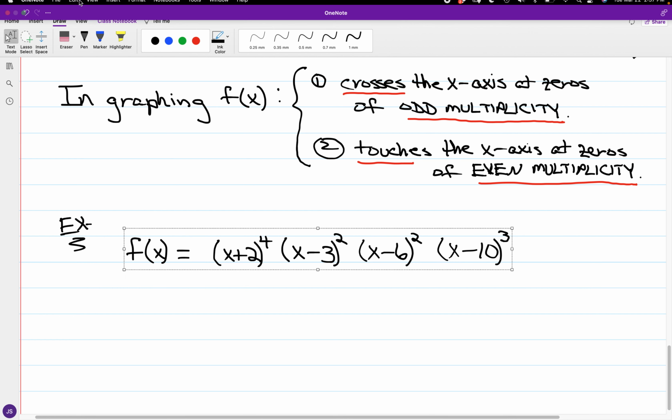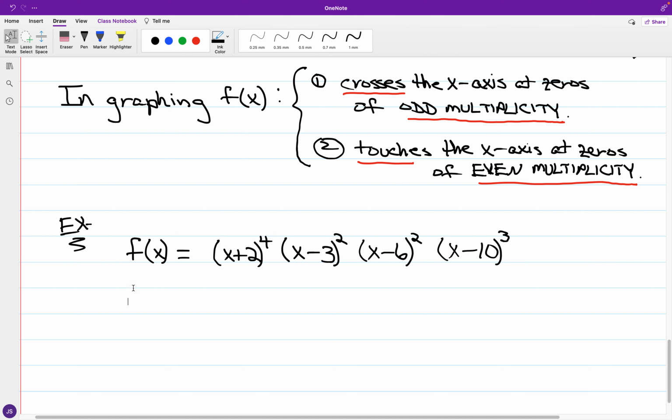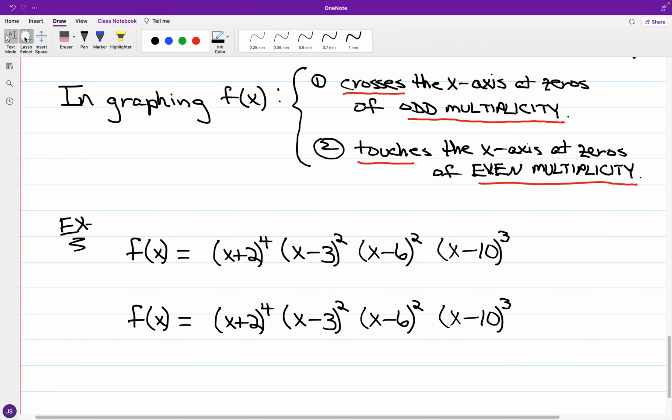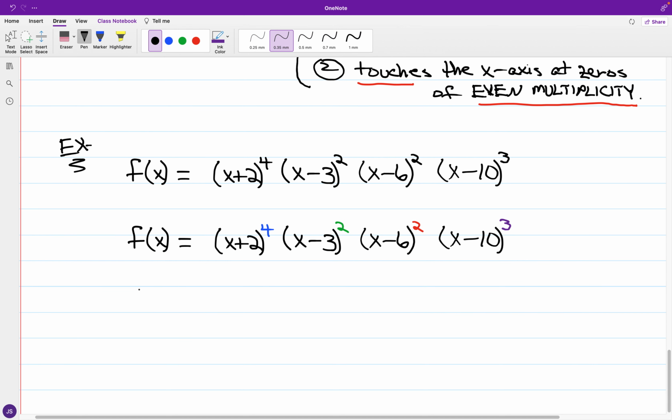In looking at the zeros and their corresponding multiplicities, I'm going to stress the variable expression and do a slightly different display for the zeros and their multiplicities.